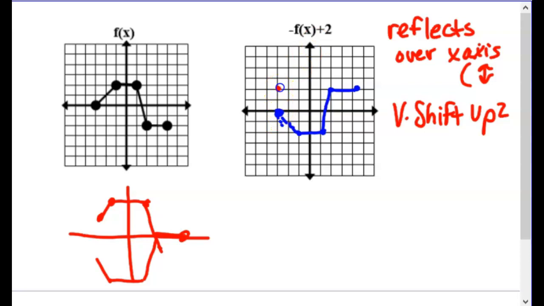So this point moves up 2, this point moves up 2, this point moves up 2, this point moves up 2. So both of those things had to do with y values. It flipped upside down and it shifted up. Do you understand, guys, that if I shifted up and then reflected, it's not the same graph, right? Okay.